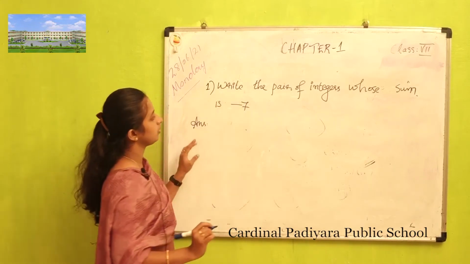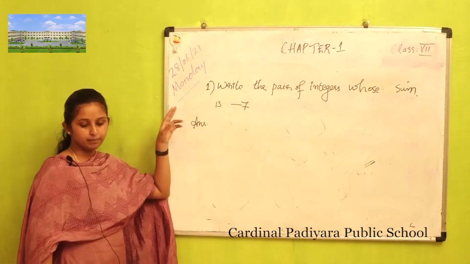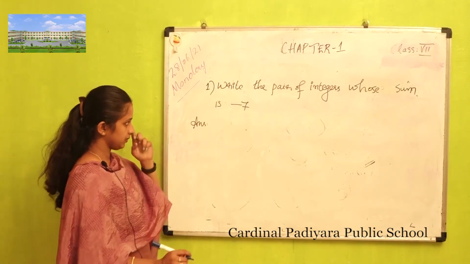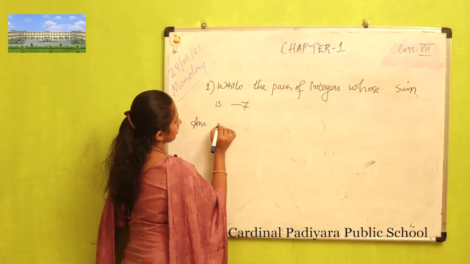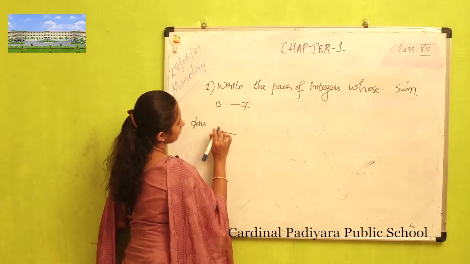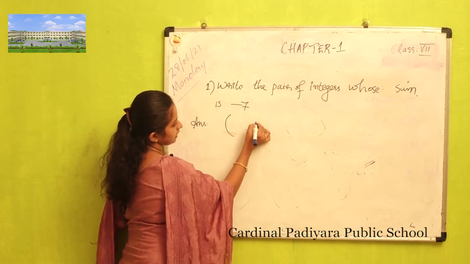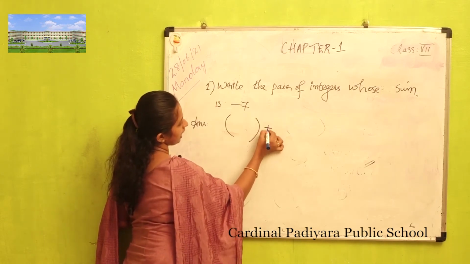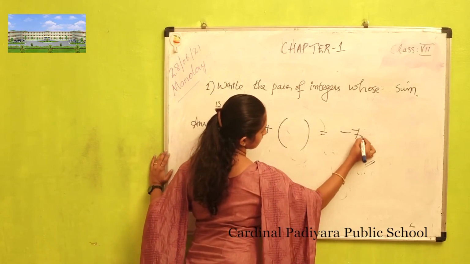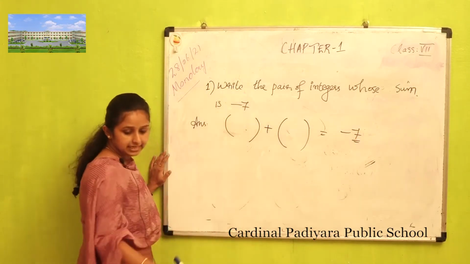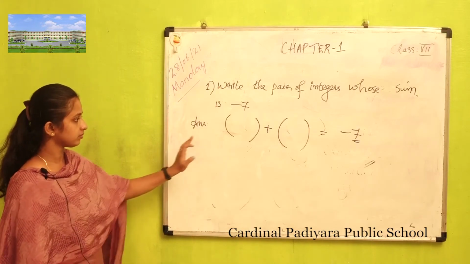So we have to find out pairs of integers whose sum is negative 7. So which are the numbers we have to take? What we have to do? We have to take an integer, then we have to add with another integer, and we have to get the answer negative 7.